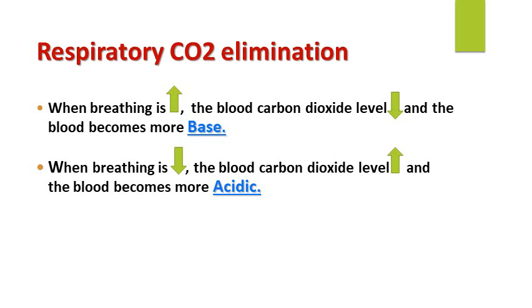When breathing is decreased, if there is respiratory center depression, the blood carbon dioxide level will increase and the blood becomes more acidic. In conclusion, the more the CO2, the more the acidosis.